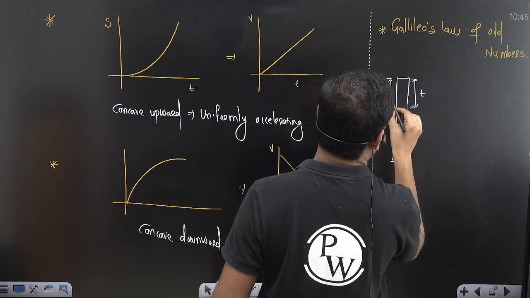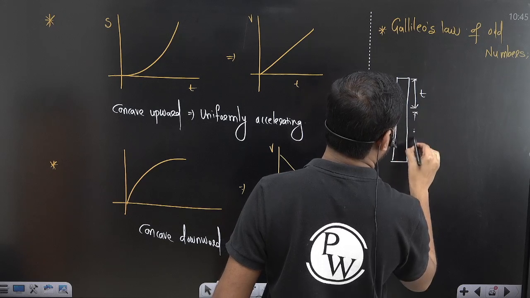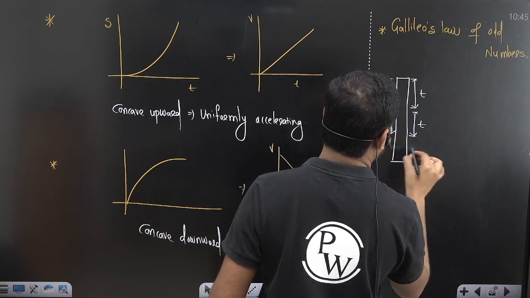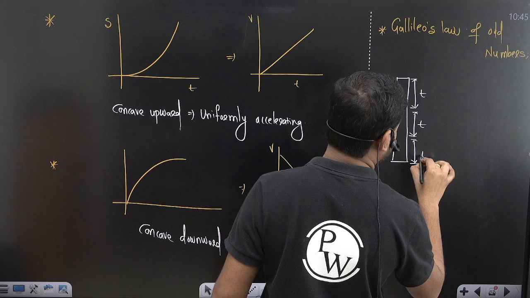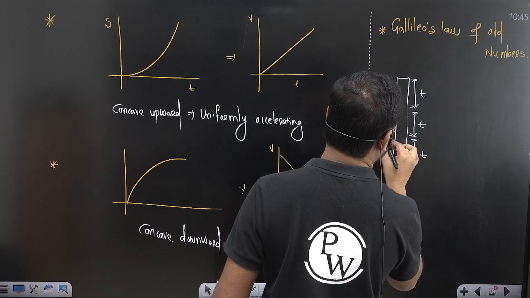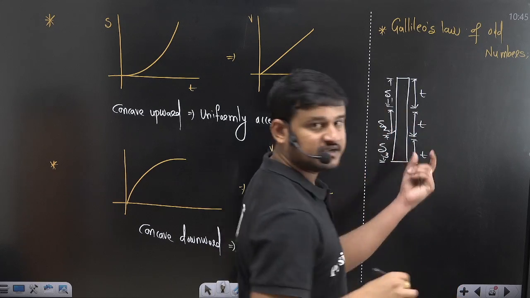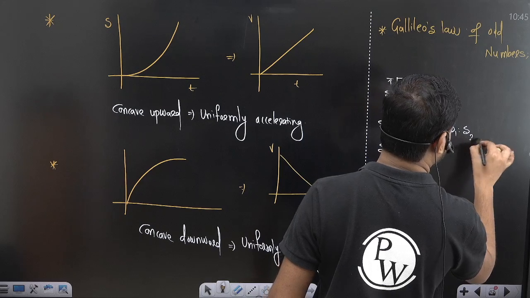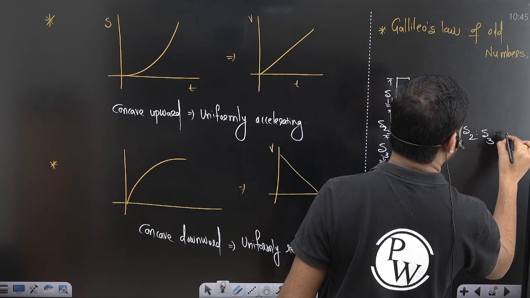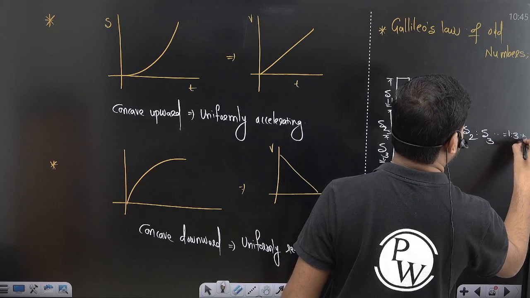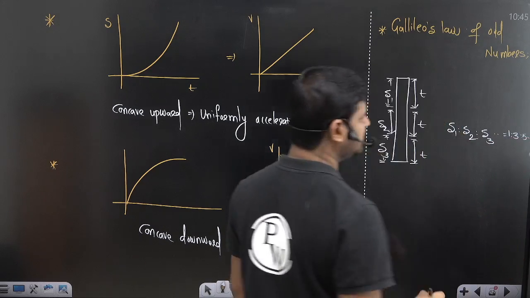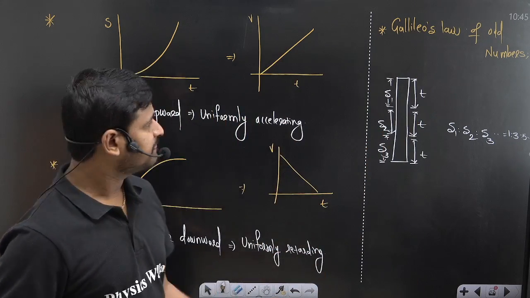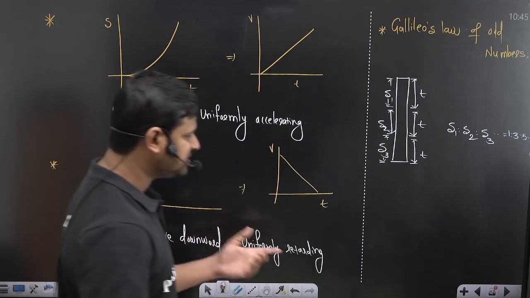In the next time period t, let's consider it covers a distance s2. In the next time interval t, it covers the distance s3. These time intervals should be the same. Then the relation between those distances will be 1:3:5:7:9, and so on. Clear everyone? Understood this part?